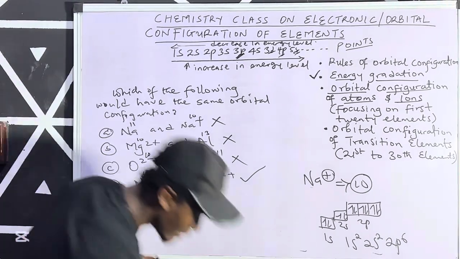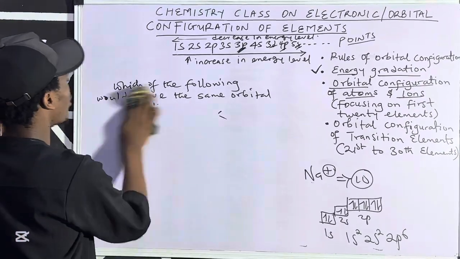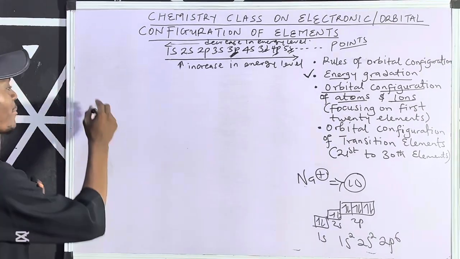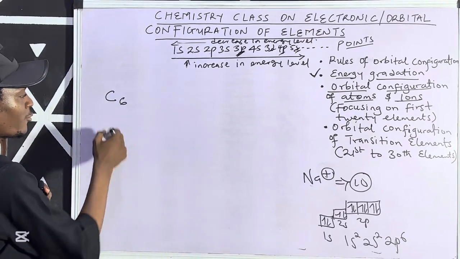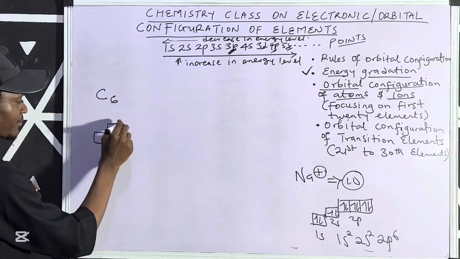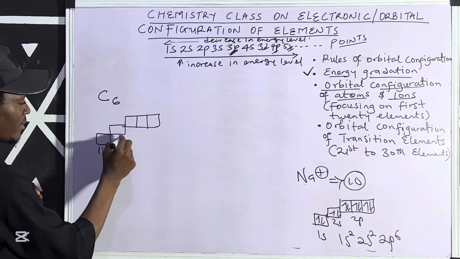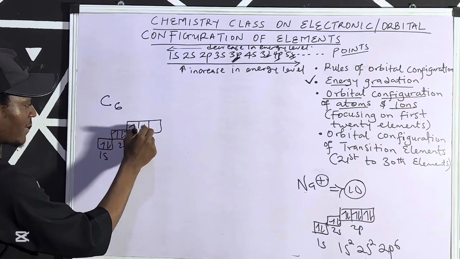They can also bring questions like, what should be the correct orbital representation of carbon in an excited state? Now, carbon has a total of 6 electrons. So if you want to go by filling 6, it should be a small box, and then you have something like this. This is 1s, 2s and 2p. So 1, 2, 3, 4, 5 and 6.